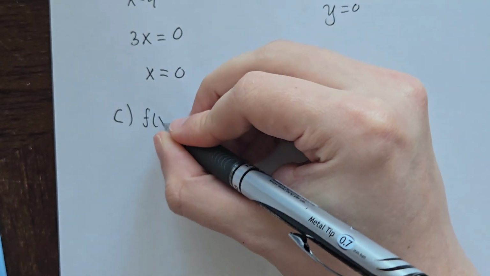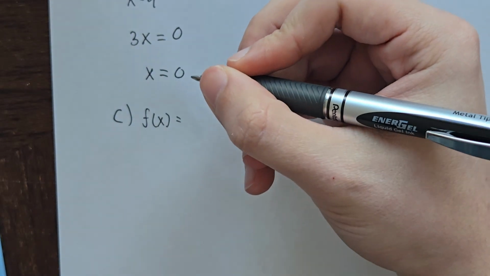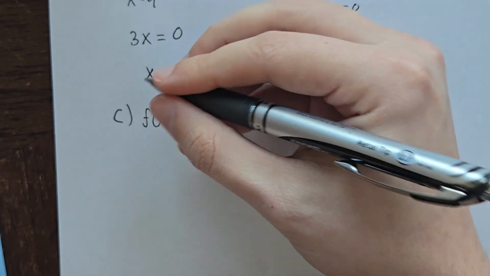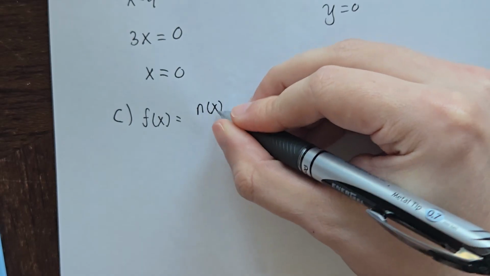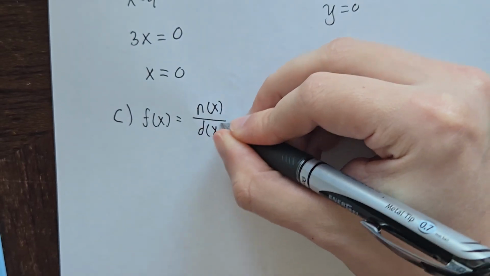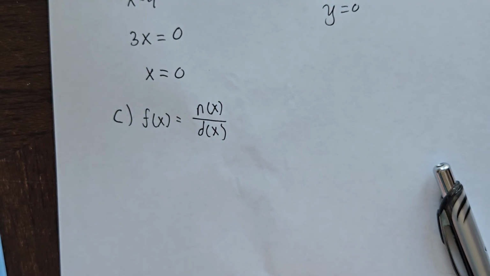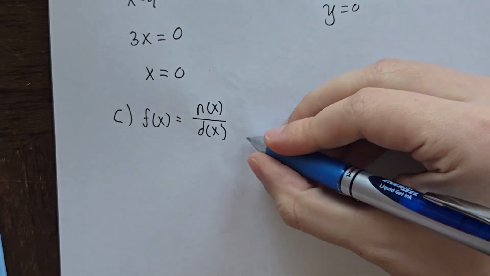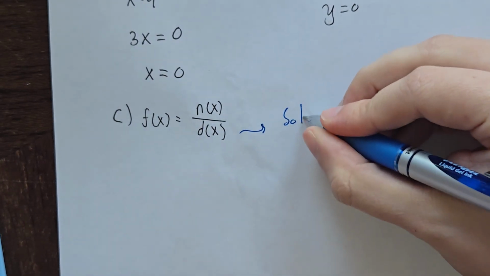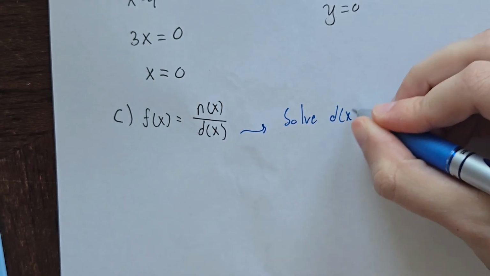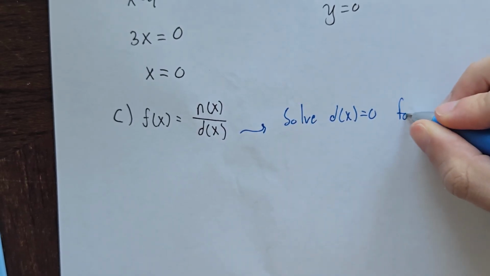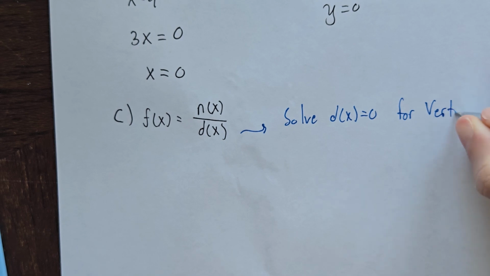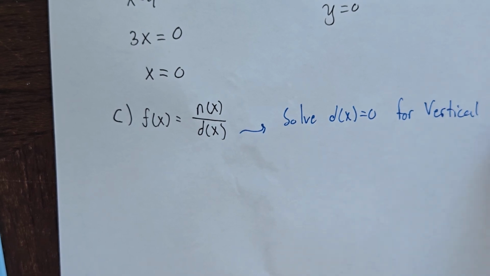F of x is equal to n of x over d of x, numerator function and denominator function. And to solve for vertical asymptotes, we're going to solve d of x is equal to 0 for vertical asymptotes.